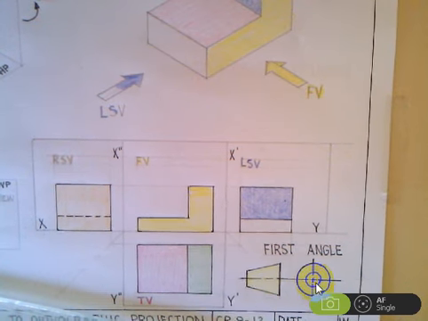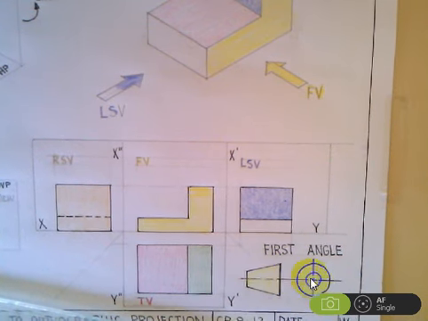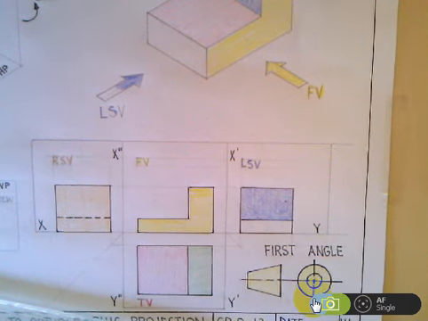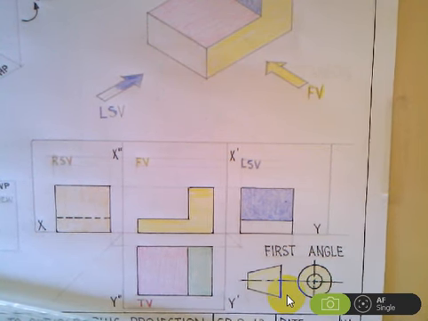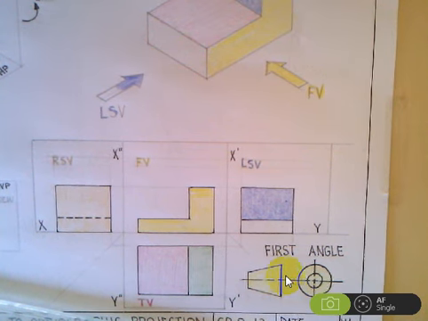And because there are circles involved, there will be a center line. Those center lines are important because in grade 10 and higher, if you don't put those center lines in, you will lose marks. So please remember to put that in.